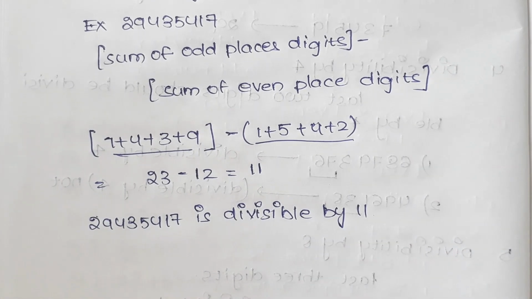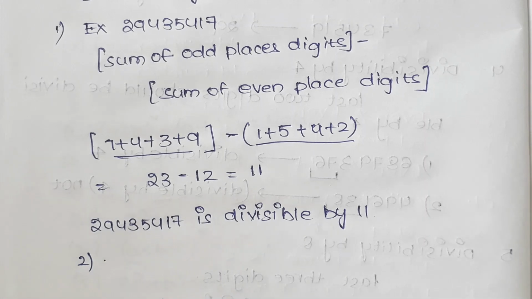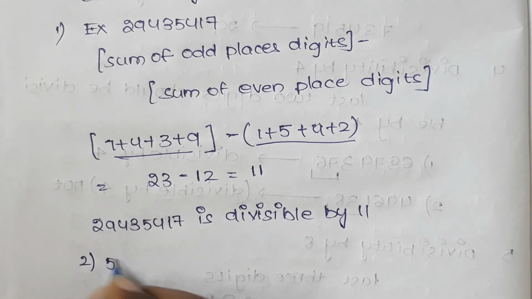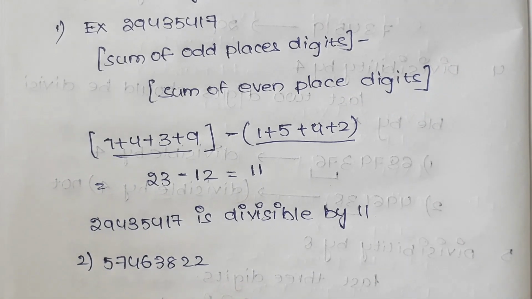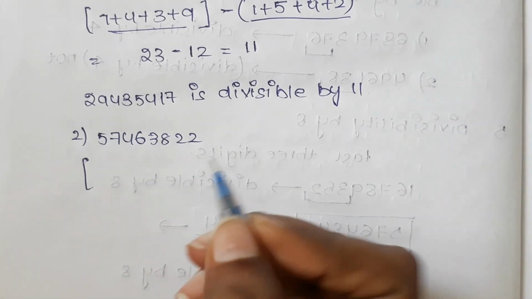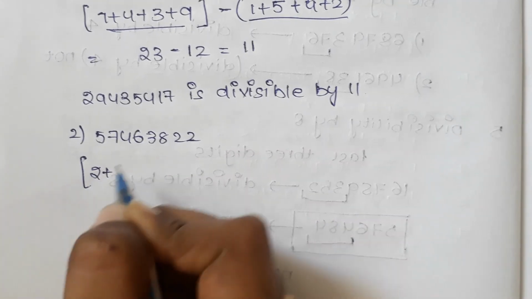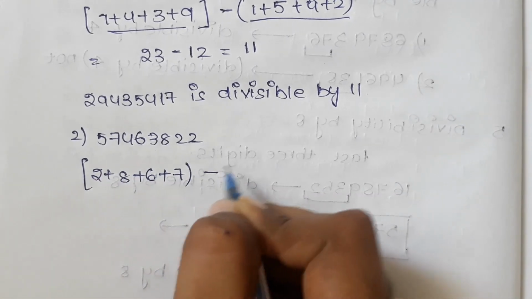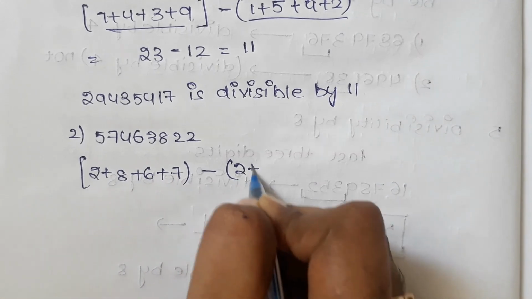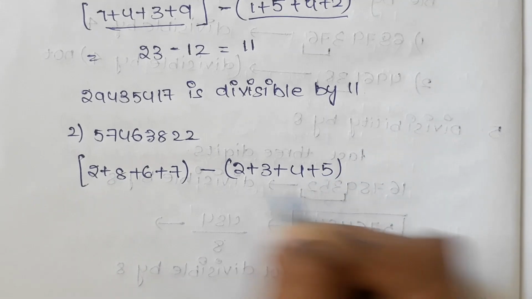Let us see another example, that is 57463822. Let us check whether it is divisible by 11 or not. Here let us take the odd places and even places: 2 plus 8 plus 6 plus 7, minus 2 plus 3 plus 4 plus 5.